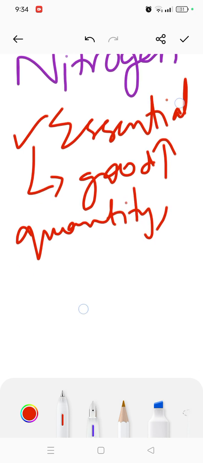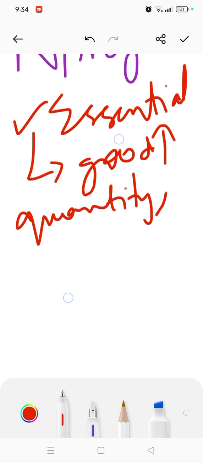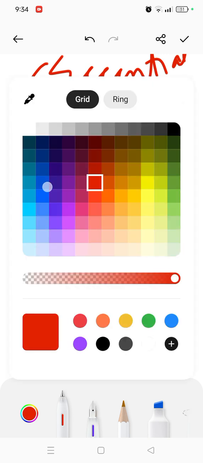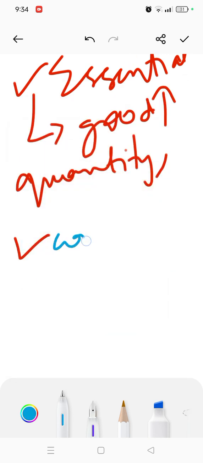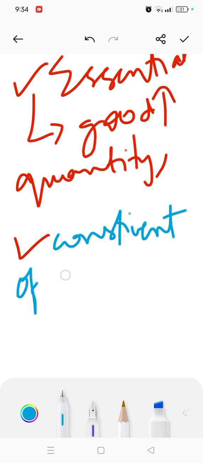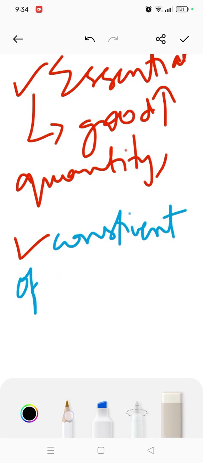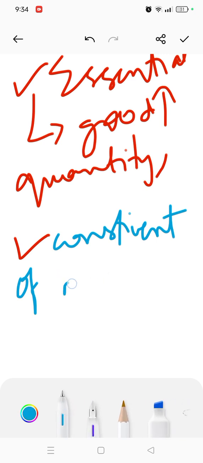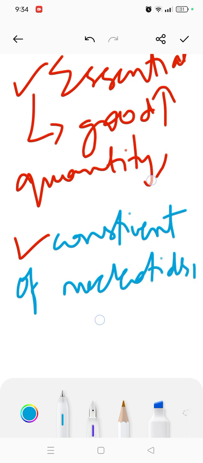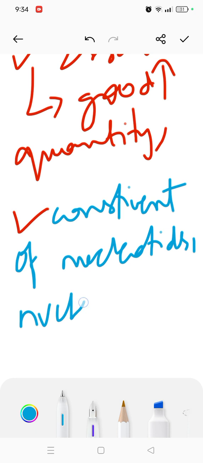We also know that it is a constituent of nucleotides plus nucleic acids. These are all required in a good quantity.